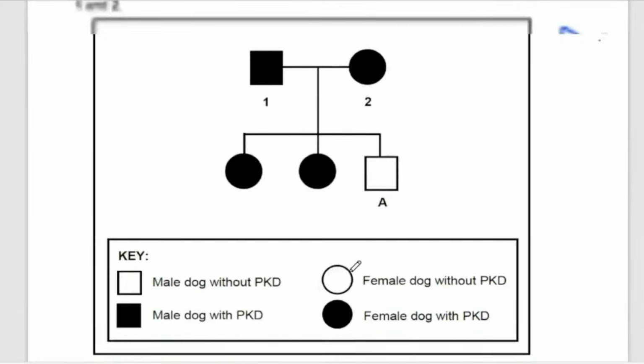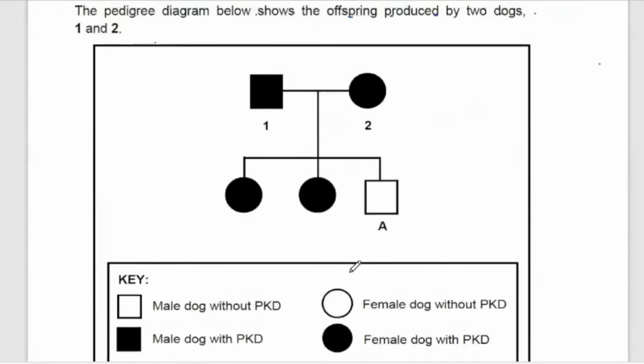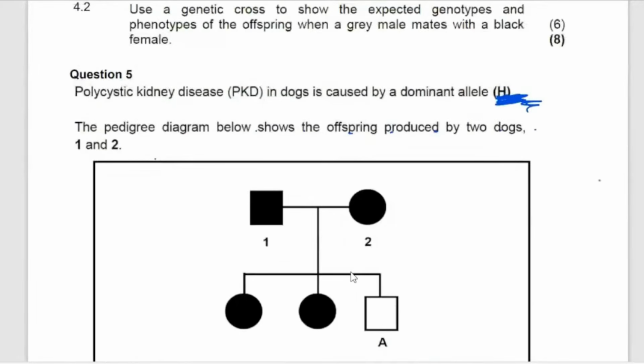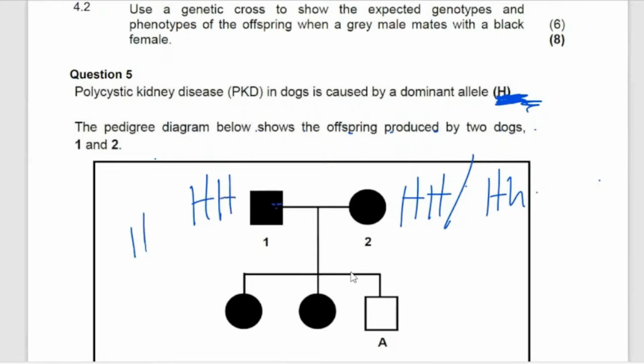So these ones which have the disease are going to be capital H, or capital H, small h. Even this one is going to be capital H. You see, it is a male, but I'm not using X and Y. Whenever there is a capital H, because it's caused by a dominant allele, this individual is going to be sick.